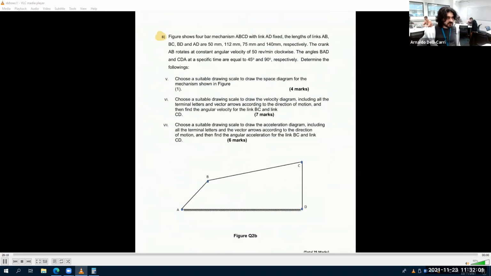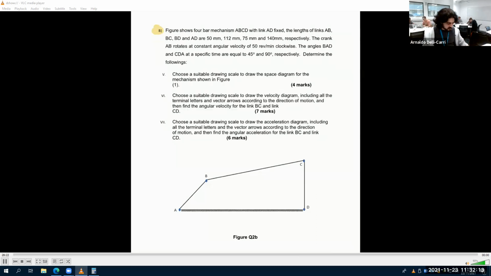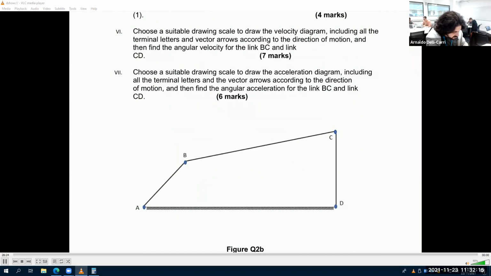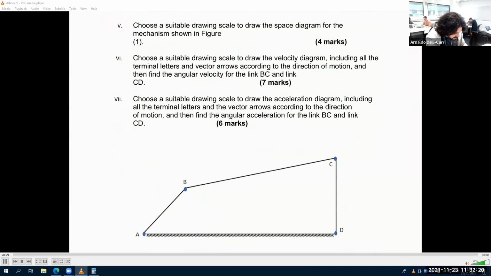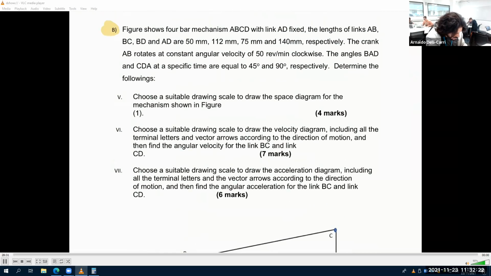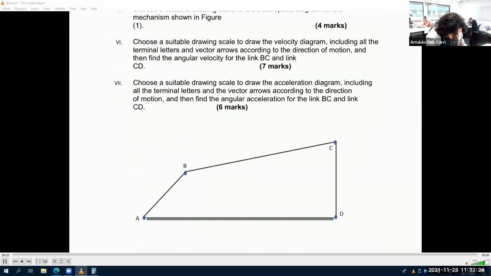Okay, so let's do this. This is a 4-bar linkage. It's a mechanism, ABCD, with one link fixed, and the lengths of the links are given. AB is 50 millimeters.